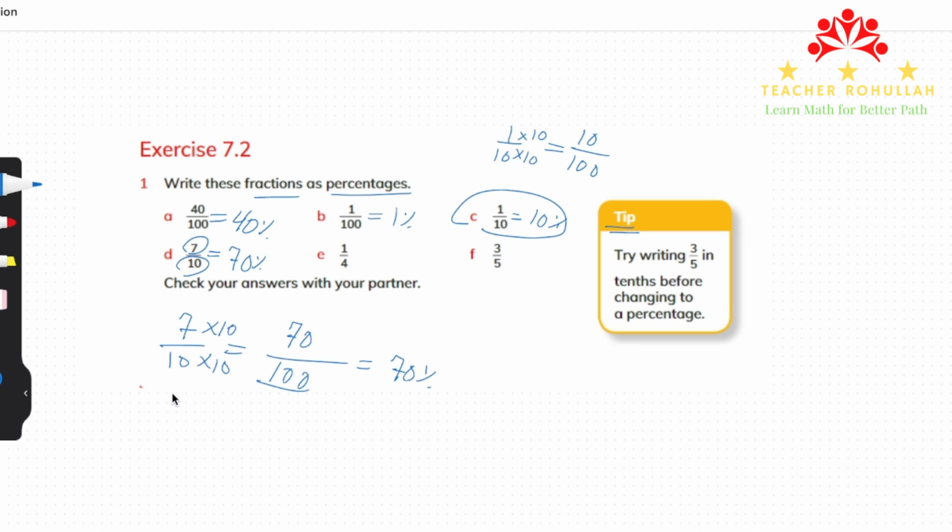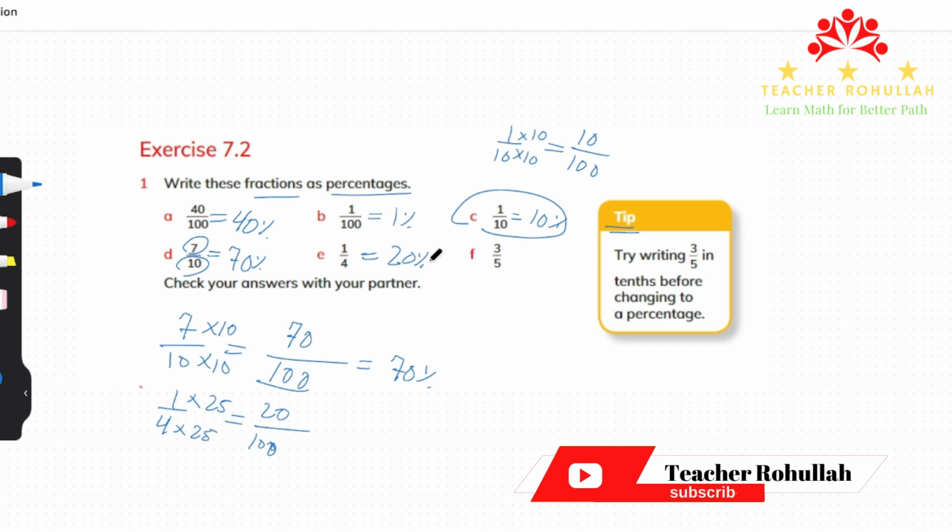Let me write it here. 1/4, if we multiply both the numerator and the denominator by 25, we will get 100 in the denominator. 1 times 25 is 25. Let me give the equal sign here. And 4 times 25 is 100. Now this means that 1/4 is showing 25%.